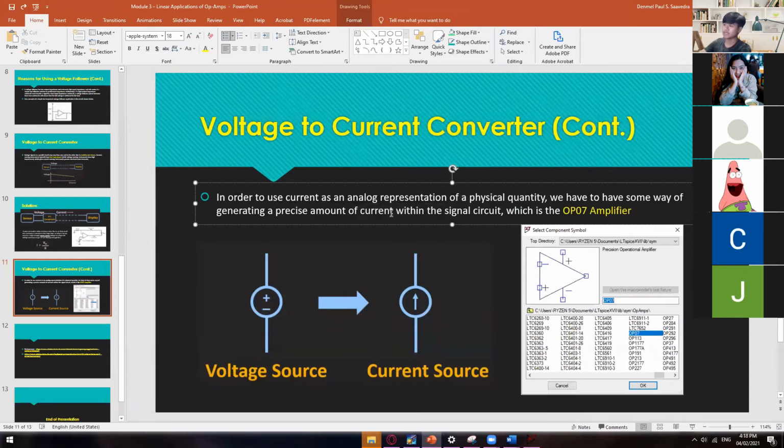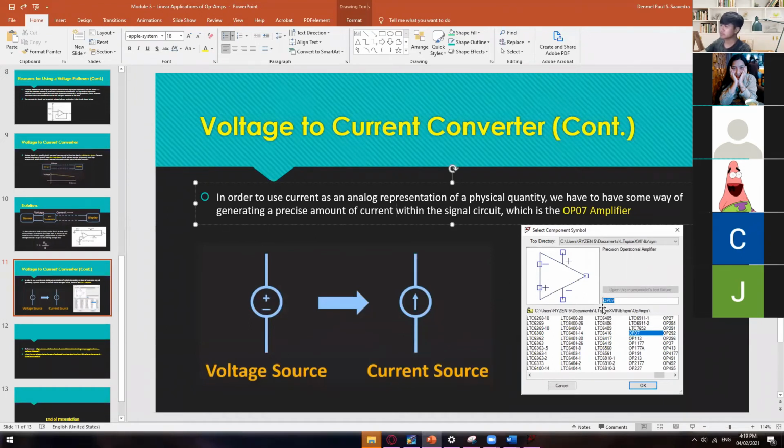Why a precise amount of current? Because the one we're trying to output is the current source. We don't care what the voltage source is anymore. What we care about is the current source. As long as we have a consistent and precise amount of current, we're good to go.